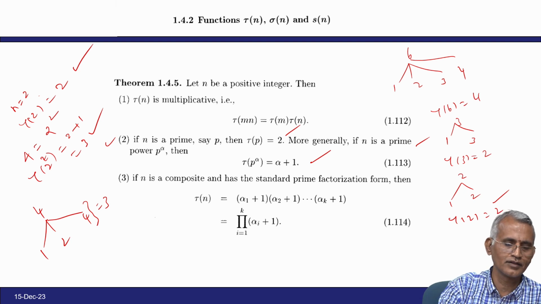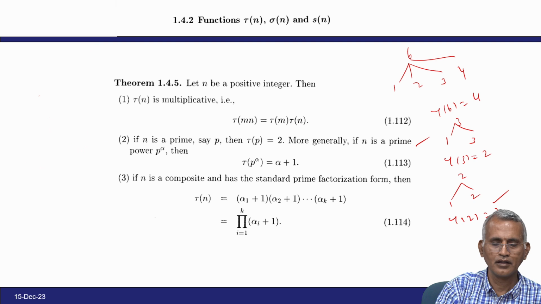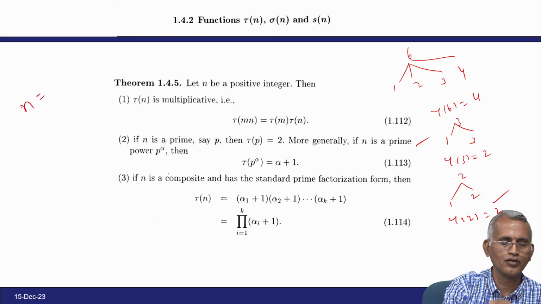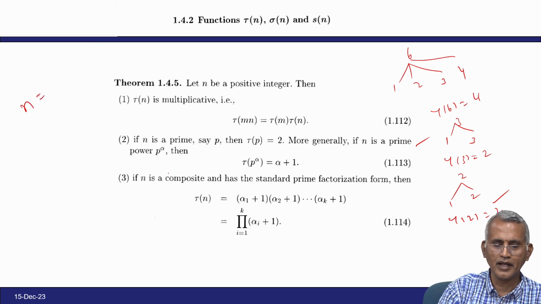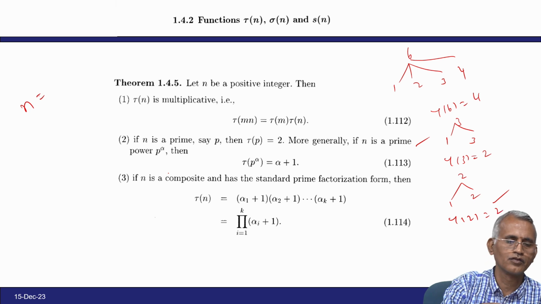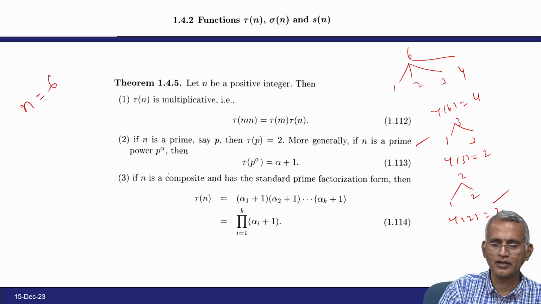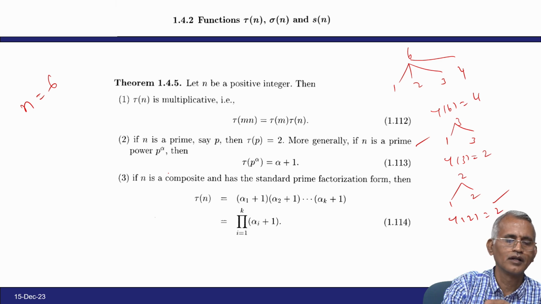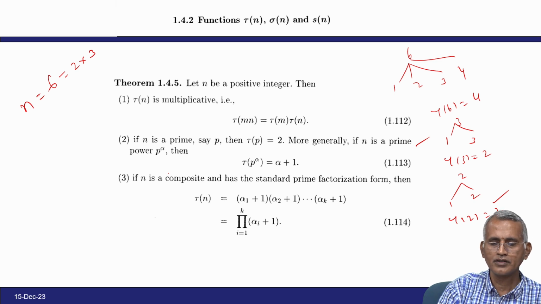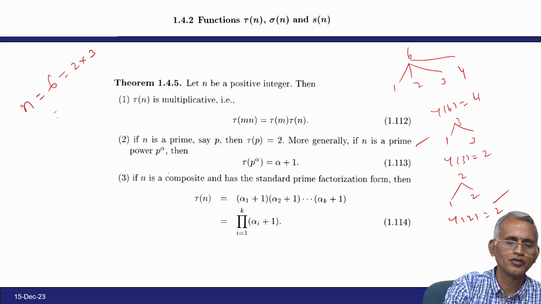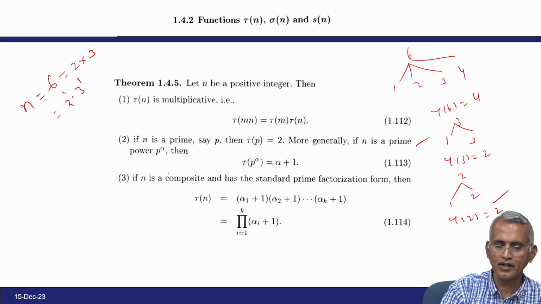If n is composite, say you take n equal to 6, it becomes 2 into 3. The standard prime factorization form is 2 power 1 into 3 power 1.